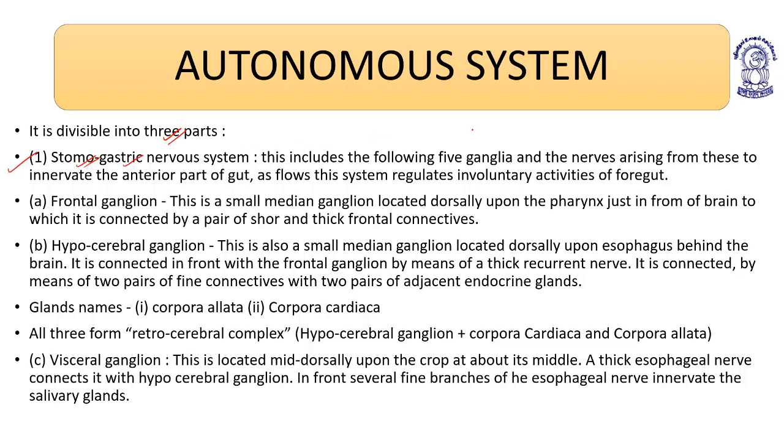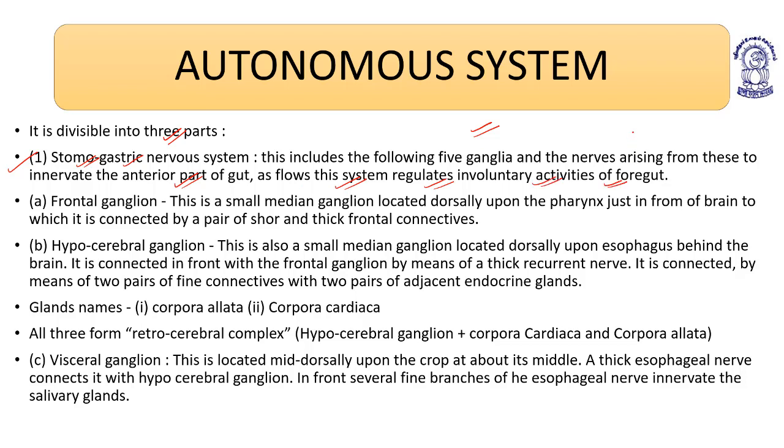It includes five ganglia and the nerves arising from these five ganglia. They innervate the anterior part of the gut and regulate the involuntary activities of the foregut.